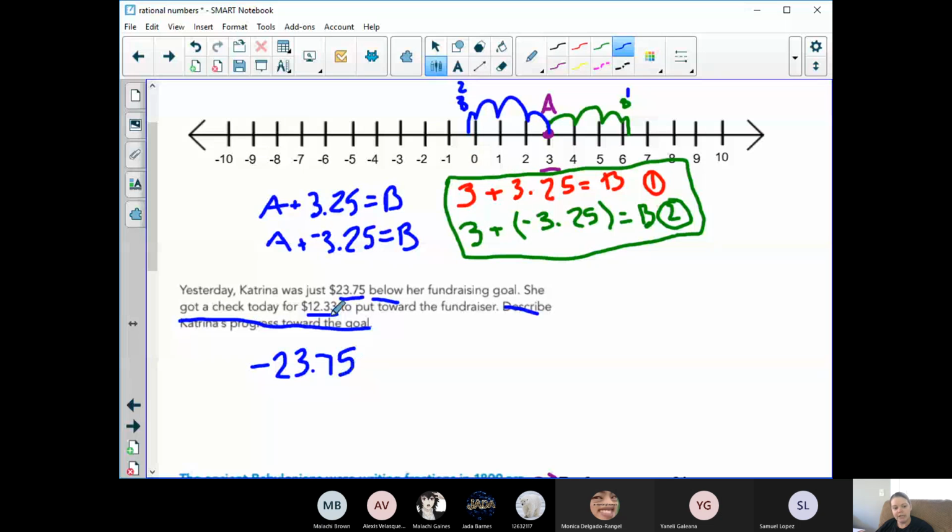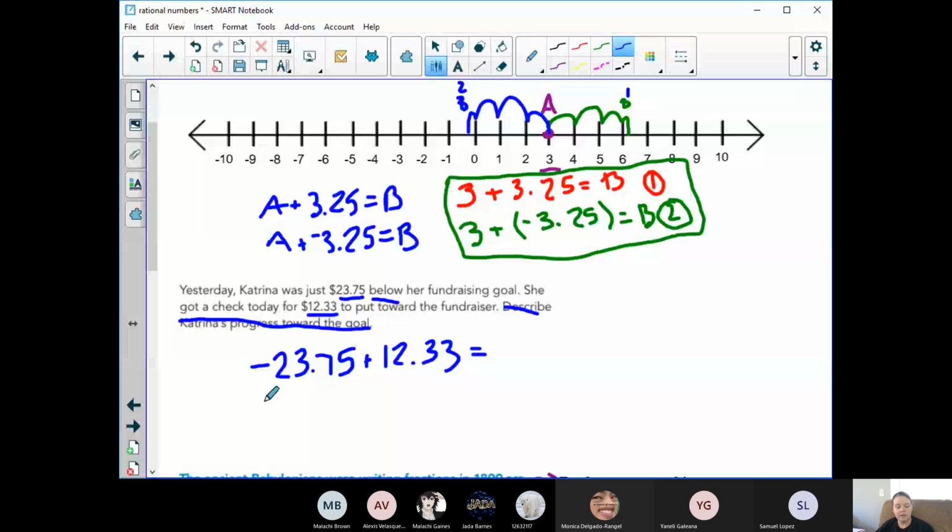And if she got a check to put toward the fundraiser, is that going to be a positive number or a negative number if we're depositing a check? Positive. So we're going to add to that 12.33. And that is going to give us our answer.